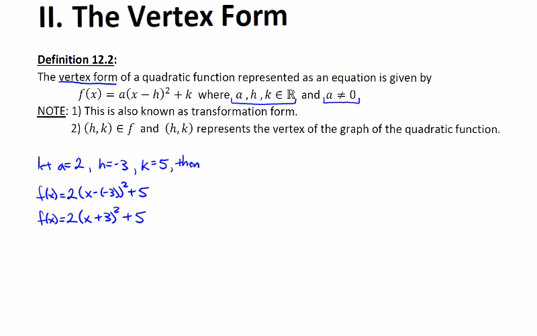Now, the first note that I have here says that this is also known as the transformation form. And that's really important for us to see, because everything we did in section 4 about transformations, that would be shifting left and right, shifting up and down, stretching, shrinking, all that stuff, reflections, it all applies, all of it. So what you'll notice is here in the parentheses you have this x plus 3.